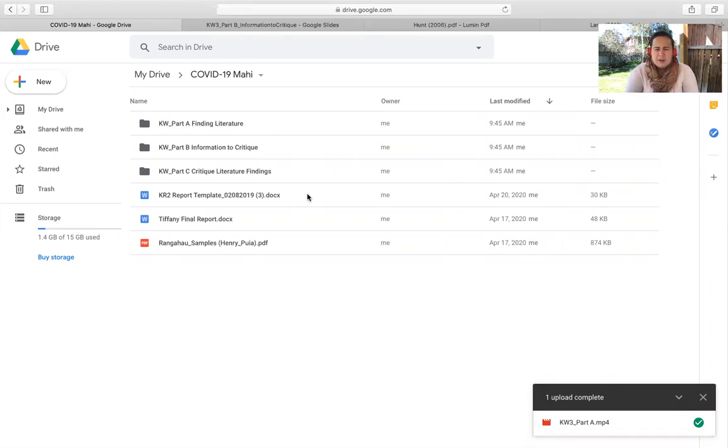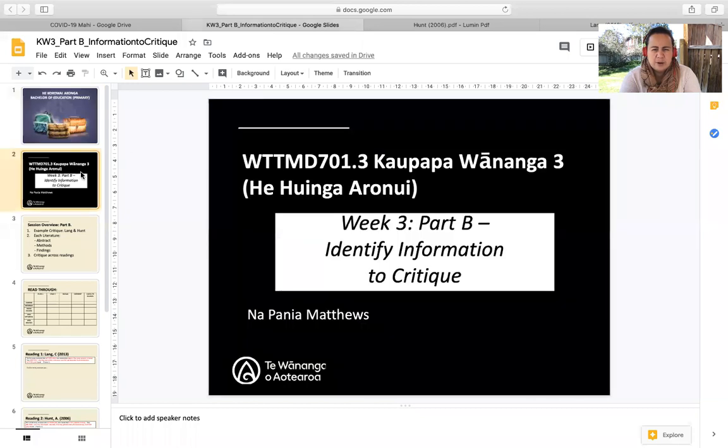And then part C, which will be the next one, is, once we do get all the information and once we do write it all up, how do we create our literature review? So this session, part B, is about identifying the information to critique.